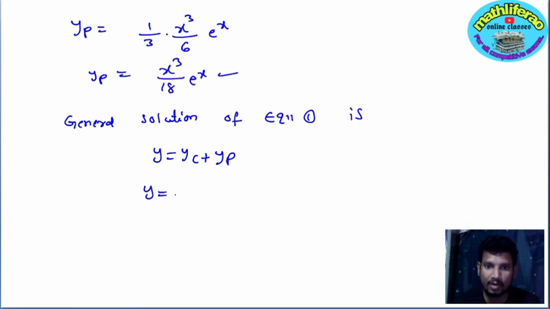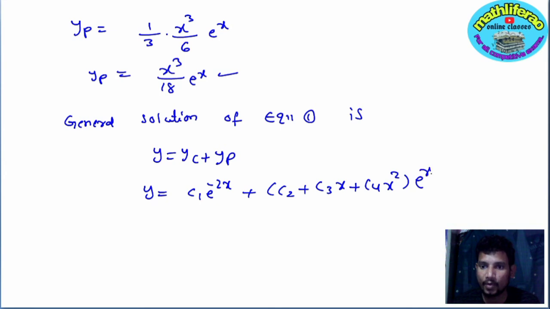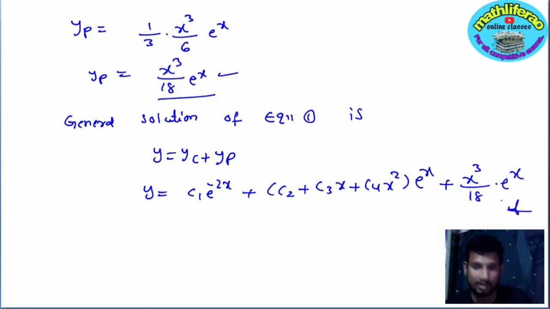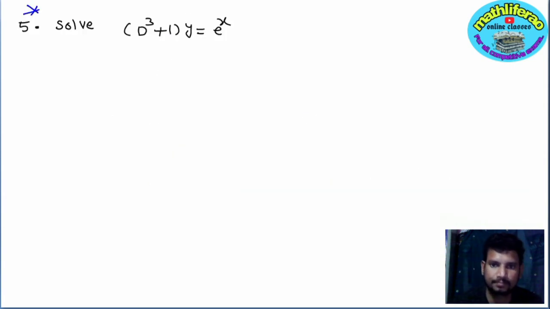So y equal to the complementary function, c1 e power minus 2x plus c2 plus c3x plus c4x square, e power x, plus the particular integral, here x cube by 18 into e power x. This is your answer. This is a very important question. Next.